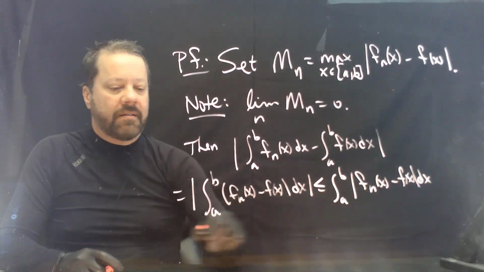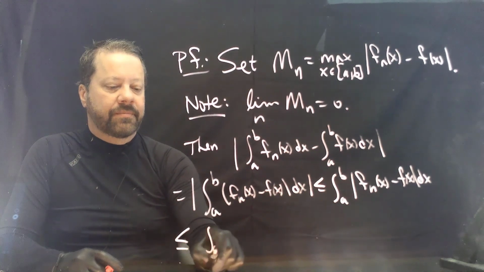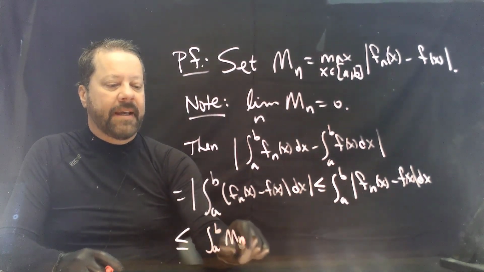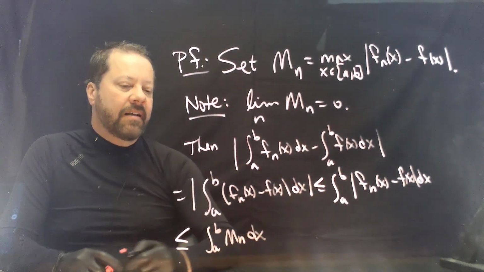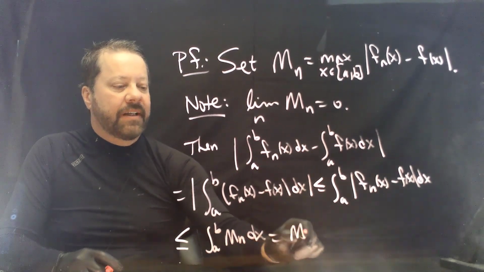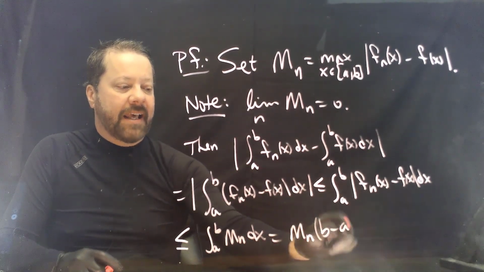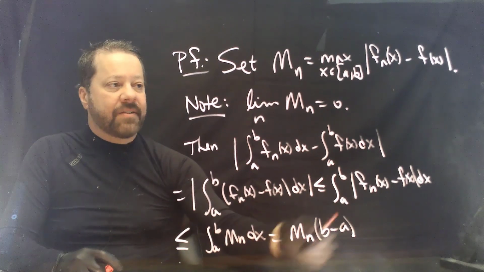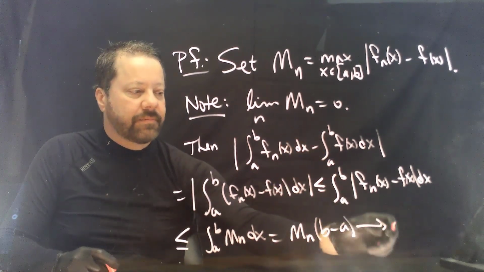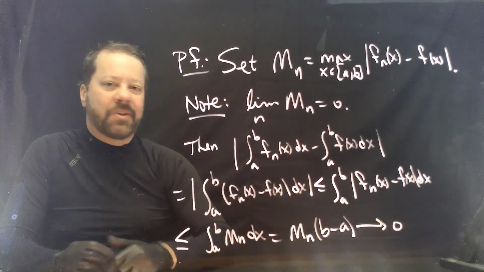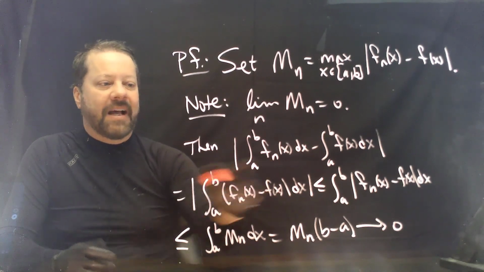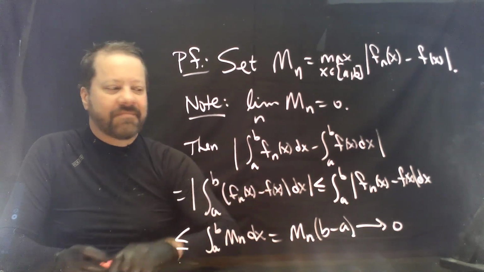These are less than or equal to Mn, and that's equal to Mn times b minus a. The Mn's go to 0, which means the difference between the two integrals must go to 0 as n goes to infinity. And that's the end of the proof. So if the functions converge uniformly, then the integrals will converge as a sequence of numbers.